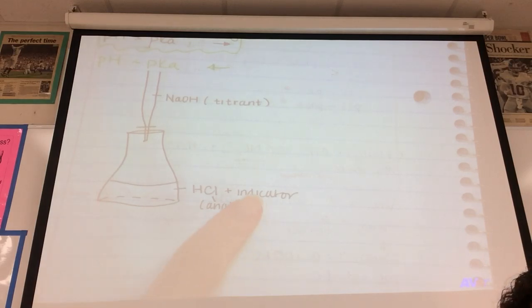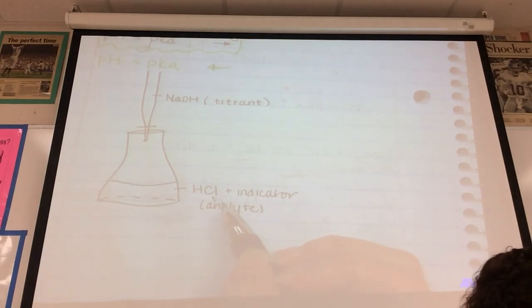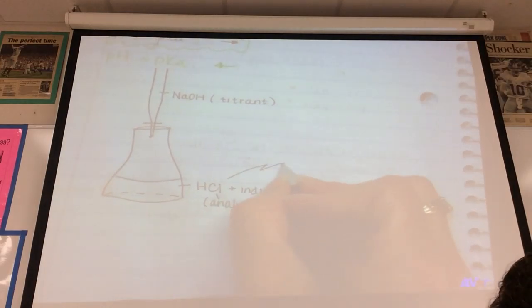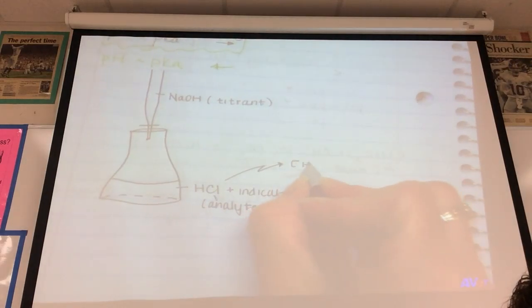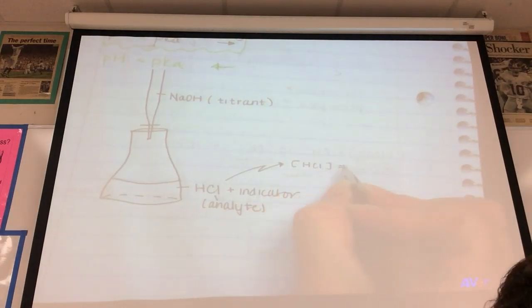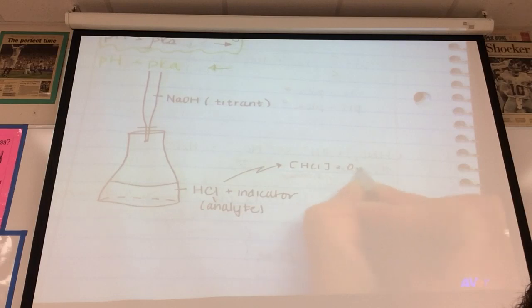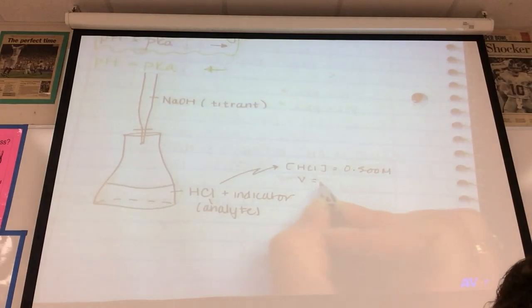And if your indicator was phenolphthalein, it would be clear in acid. So in this particular example, we have hydrochloric acid, and the concentration of this acid is 0.5 molar, and the volume of the acid is 20 mils.